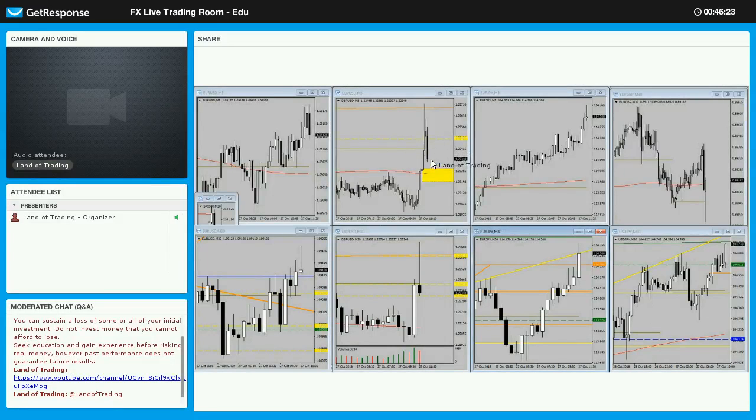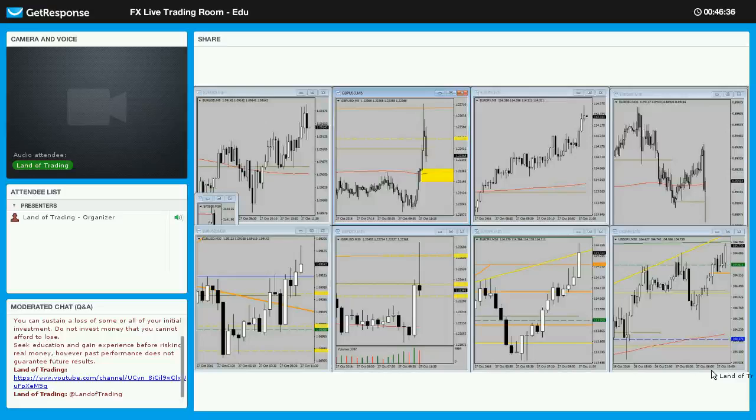All right, let's have a look at what's going to happen with pound. We are very close. The thing is that, guys, we still have 15 minutes to close the hourly candle. And right now it doesn't look good because we didn't have a close above 2240. We closed the candle before.